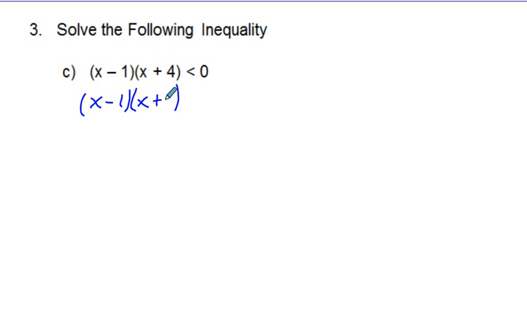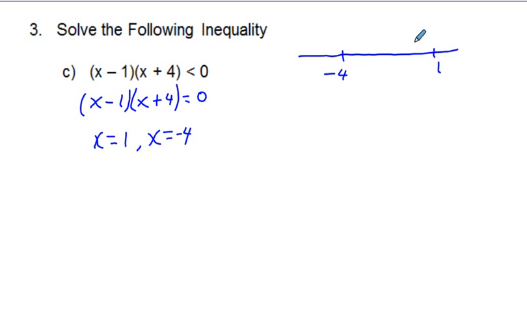So if we change this to an equation, we're going to have x is equal to 1, x is equal to negative 4. So if we draw a line here, we can put our zeros on this x-axis at -4 and at 1. And then if we represent this as an xy coordinate plane, this is what it would look like.